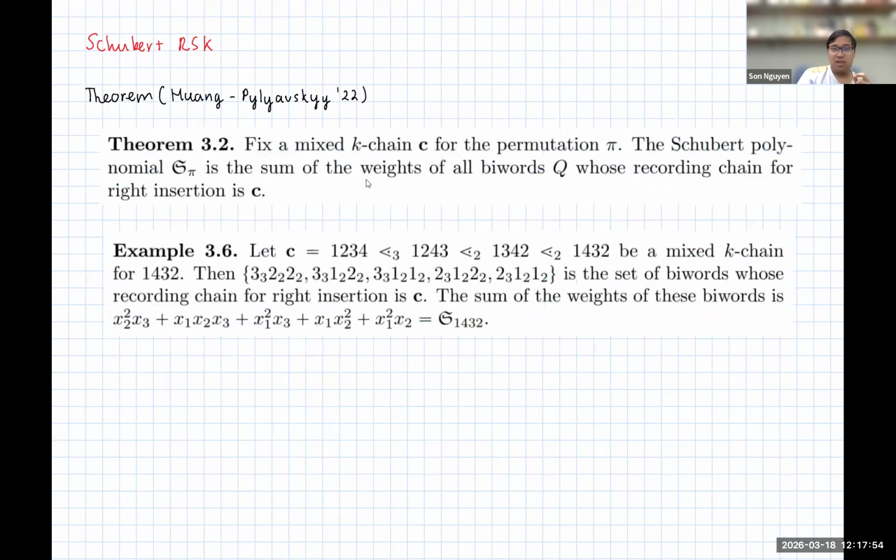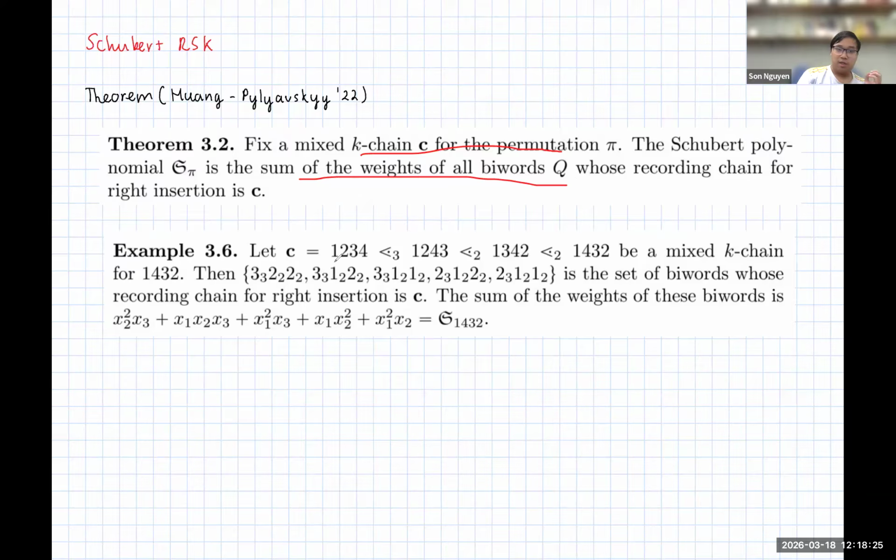And the theorem says that if you fix a recording chain and you take every byword that gives you the correct bumpless pipe dream of the correct permutation, and then sum the weight of this byword, meaning the product of the first row, you get the Schubert polynomial. This is exactly what we said before of choosing the correct monomial contributing to the Schubert polynomial.